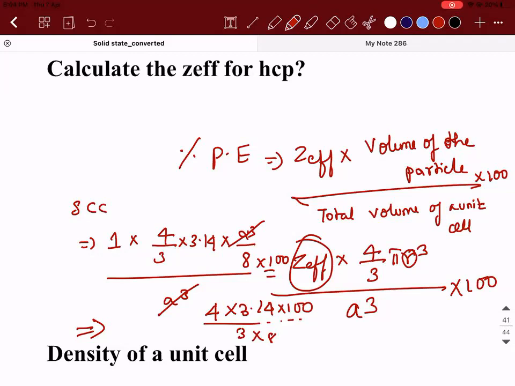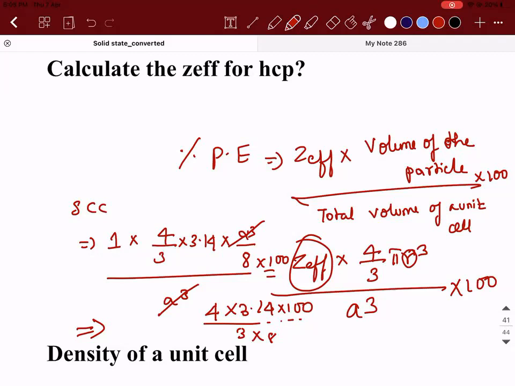Now what is your percentage? 52.3, I think 52.4, or exactly 52.3. Okay, 52.4. This is your packing efficiency. Now, if you want to calculate void, 100 minus 52.4. So 100 minus 52.4 means the remaining will be your void. Calculate the void percent.